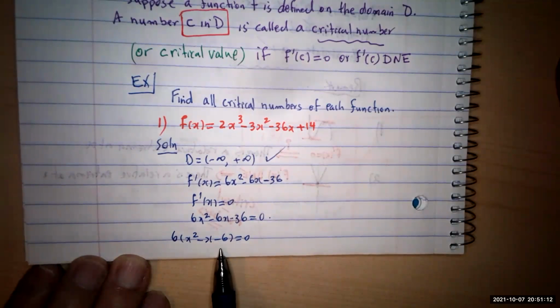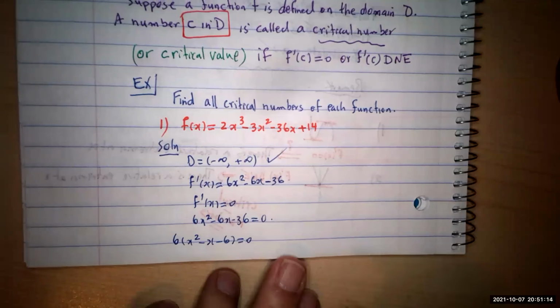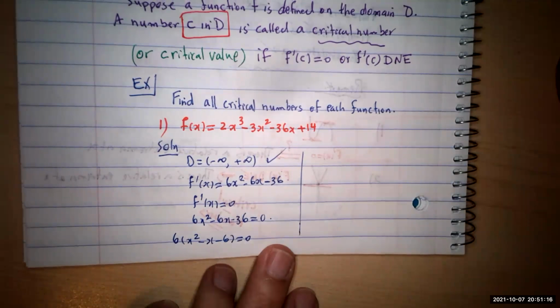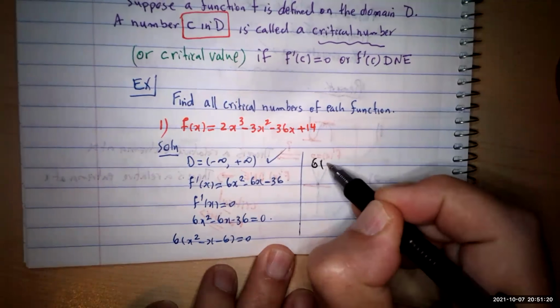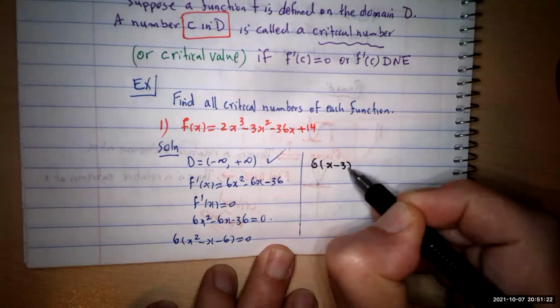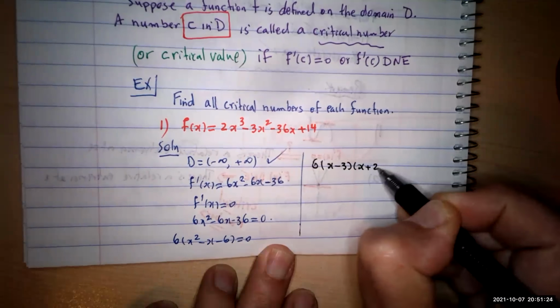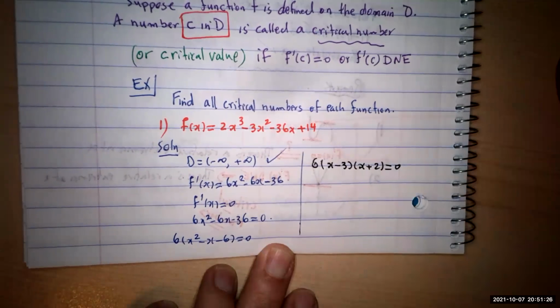You need 2 numbers, product of negative 6, difference of 1. This is going to be 6 times x minus 3 times x plus 2 equal to 0. Again, double check this: 2 times 3, negative 6, and negative 3 plus 2, negative 1.